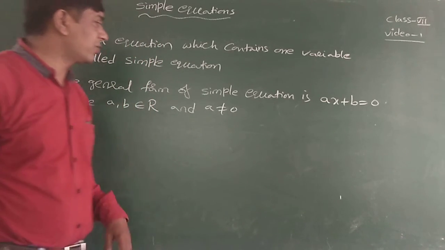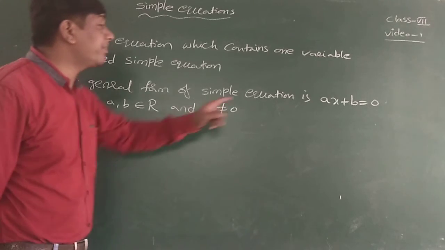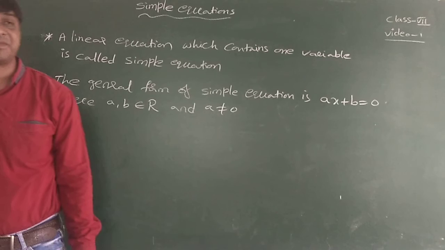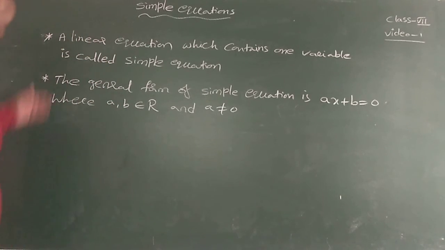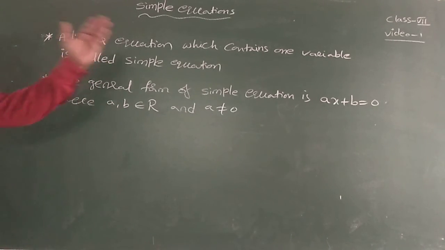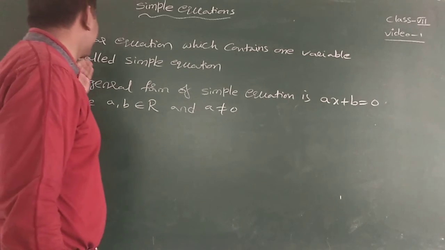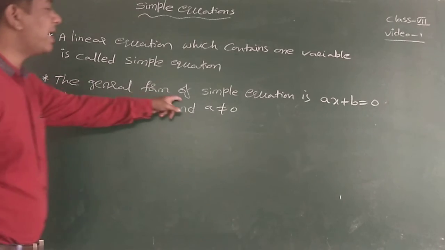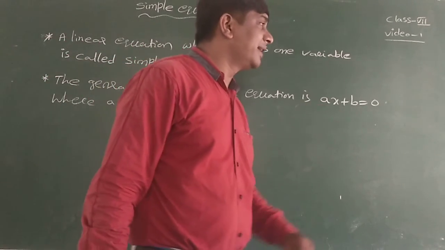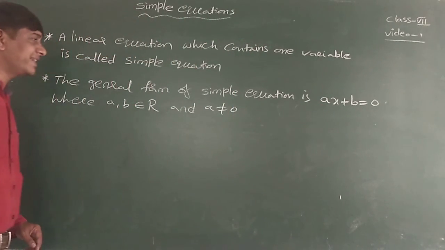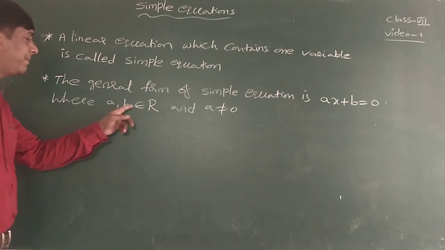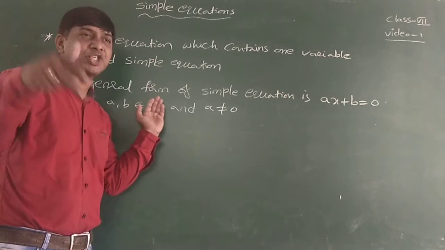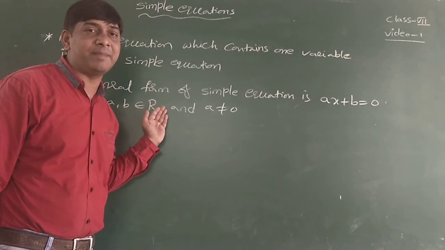And a should not be 0. Understood? A linear equation which contains one variable is called a simple equation. The general form of a simple equation is ax plus b is equal to 0, where a and b are any two real coefficients. Here in your books you may find a, b belong to Z also.